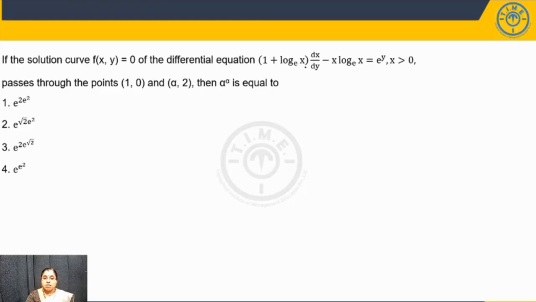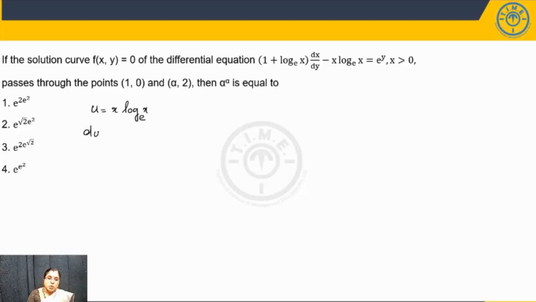So for this, just by looking at this, this is not variable separable, nor homogeneous. It's not even in the form of a linear differential equation. So what I'm going to do is, let's put u is equal to x into log x to the base e.